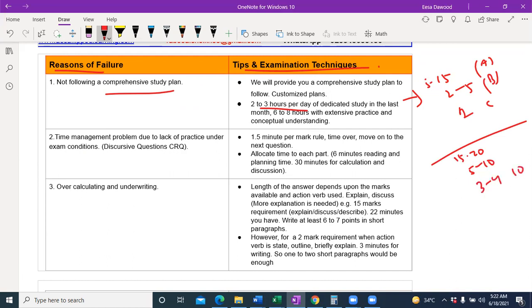Maybe in the end, in one day, you would be doing 10 constructive response questions, just to keep up the good practice.